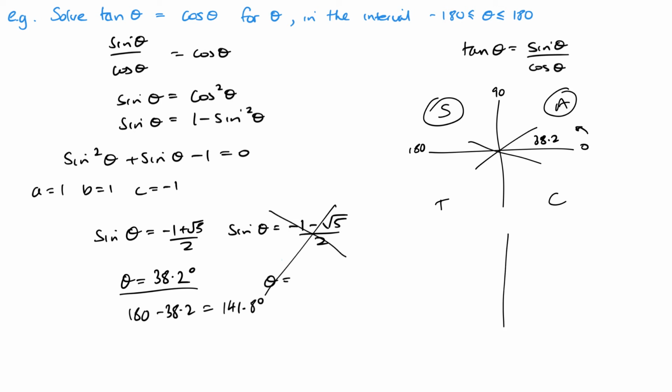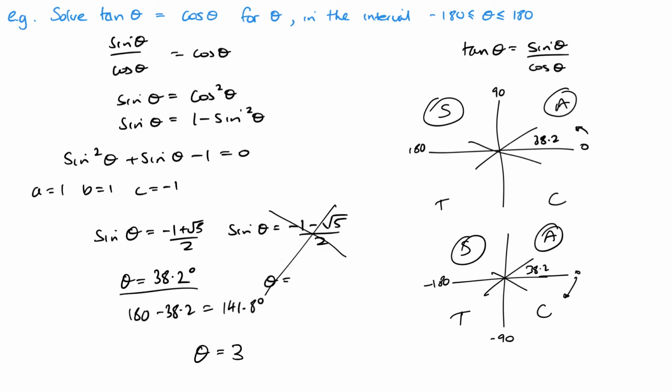Now, if I think about the negative set of angles, it might already be obvious to some of you, but negative is going to go in this direction, so 0, minus 90, minus 180. And since these are the two quadrants that our values are going to come in, there's going to be no answers between 0 and minus 180. So we've got two answers for theta, and it's 38.2 and 142 degrees to three significant figures.